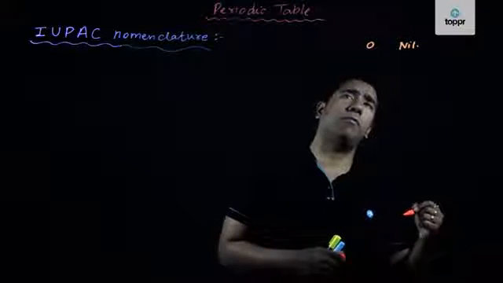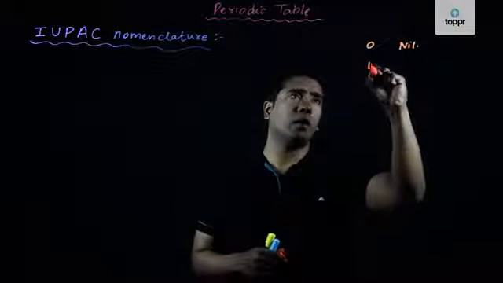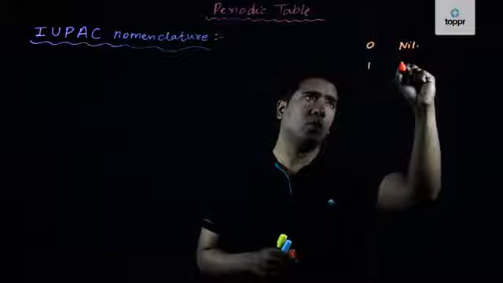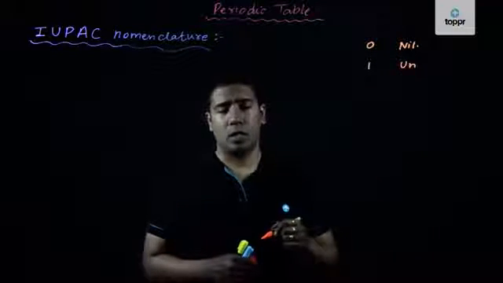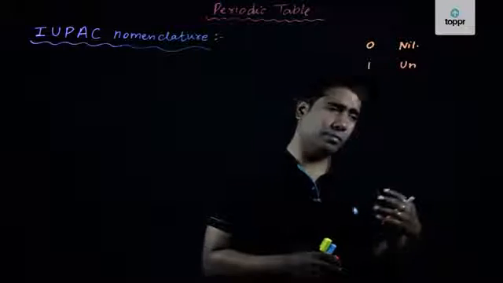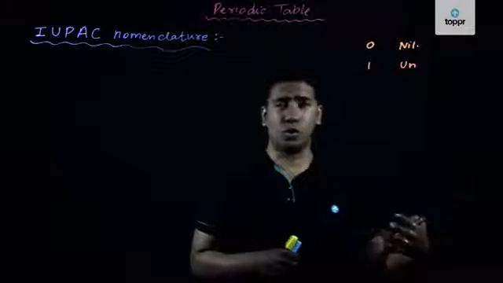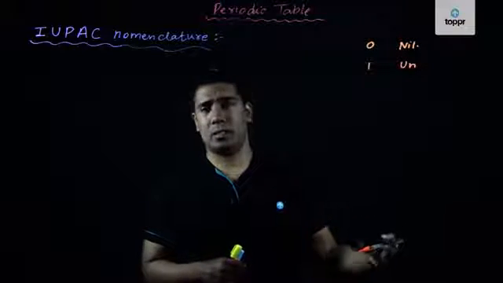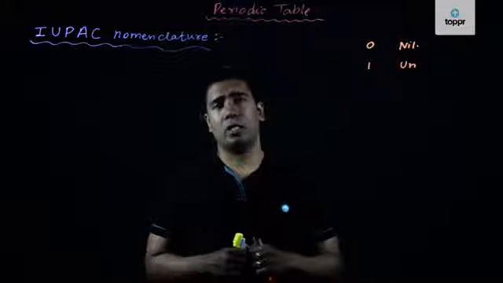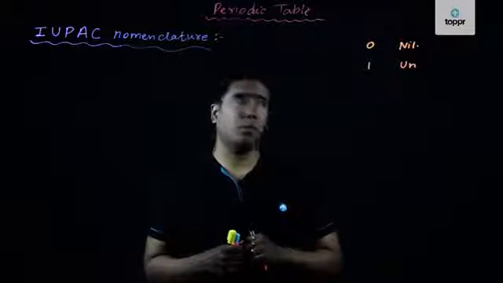In the case of the number 1, the name given was un, which is Spanish for 1. You might have heard the song Un, Dos, Tres, wherein un is 1, dos is 2, and tres is 3. As of now, we are just considering the number 1, that name un.